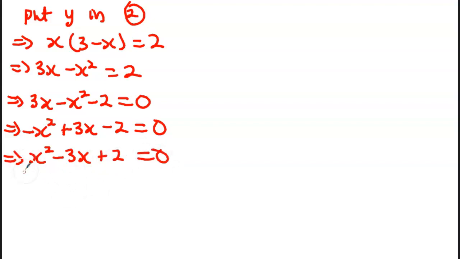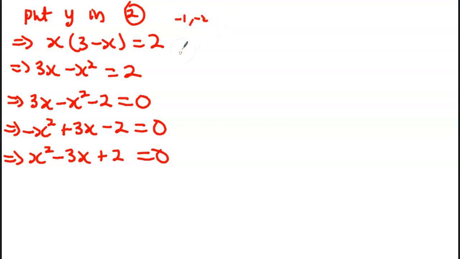So the coefficient here is 1, then 2. So 1 times 2 is 2. If we find the factors of 2 that add to give minus 3 and multiply to give 2, we take minus 1 and minus 2.